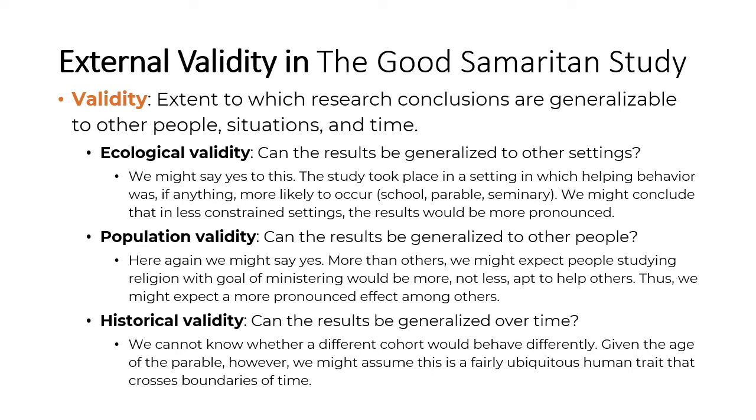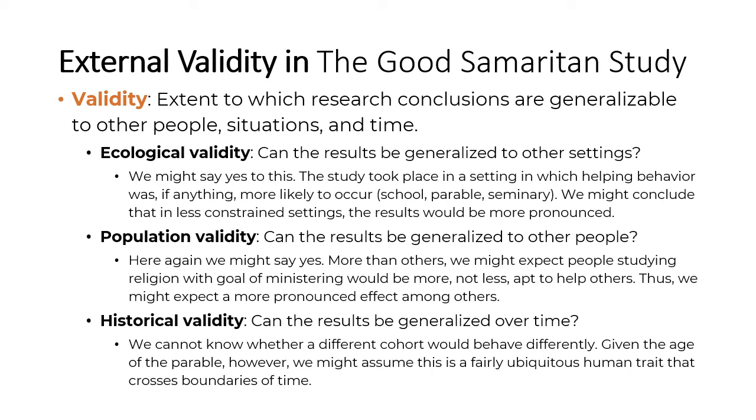So just quickly, to analyze this in the Good Samaritan study. External validity is the extent to which research conclusions are generalizable to other people, situations, and time. First, ecological validity: can we generalize to other settings? This is my own assessment, we might say yes to this.